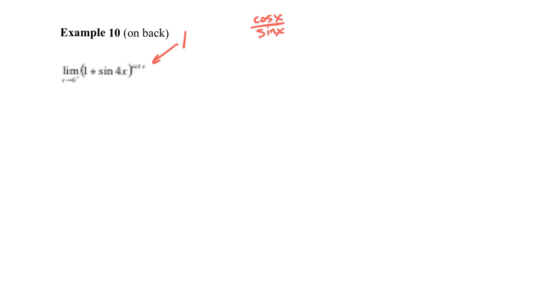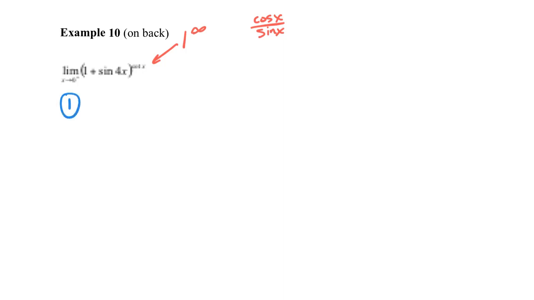So if we're going towards 0, cosine of 0 is 1, sine of 0 is 0, so this is going to be heading towards infinity. So the form that we have right here is 1 to the infinity. Again, it's one of those 3 indeterminate powers, and we can handle all these exactly the same way.